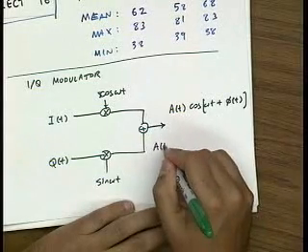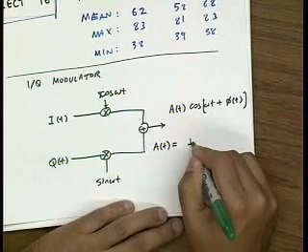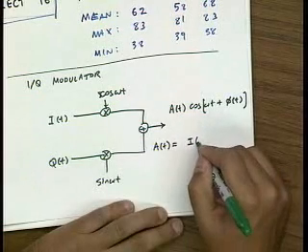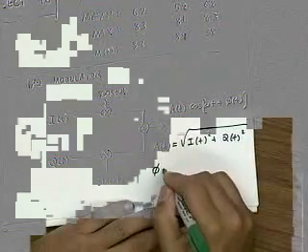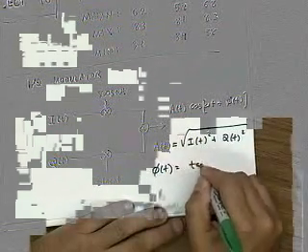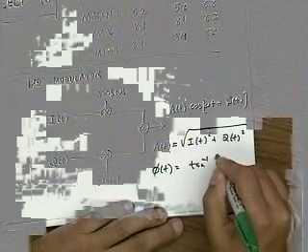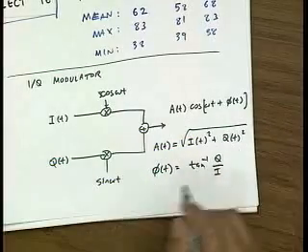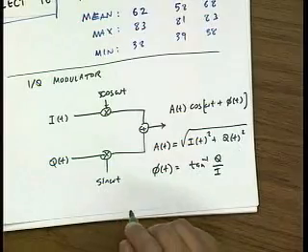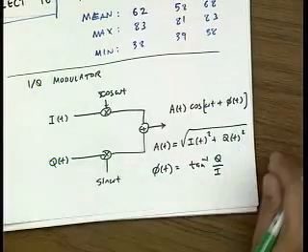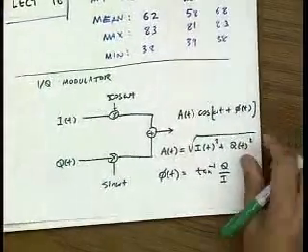So last lecture we showed that the amplitude of this signal coming out is the square root of I of t squared plus Q of t squared, and the phase of the signal coming out is the inverse tangent of Q over I. And there's a nice graphical interpretation for this.